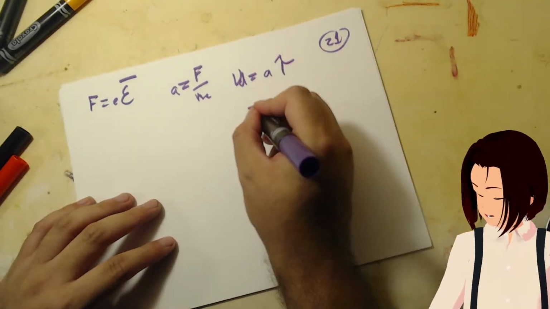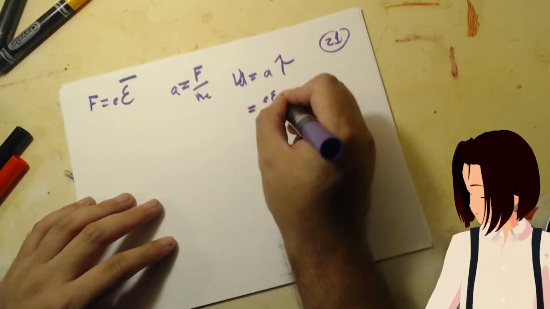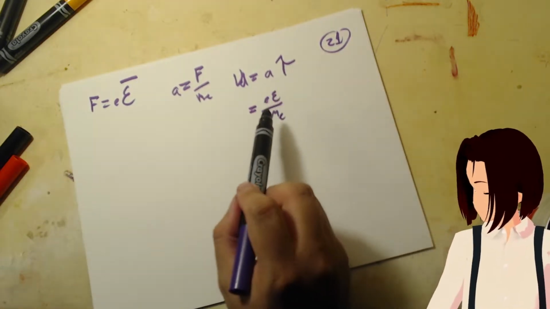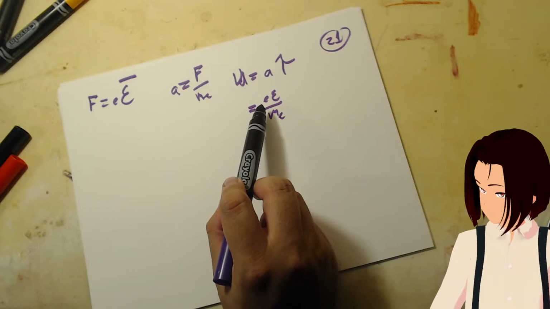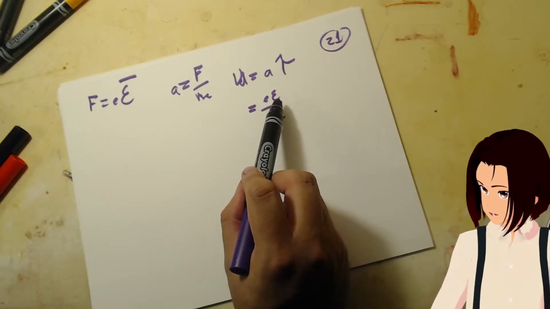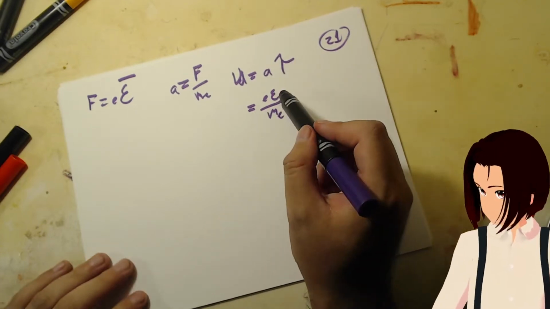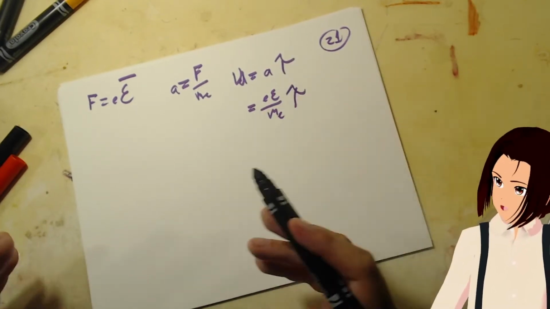Therefore we can also write it as the electron charge multiplied by the electric field, divided by the mass of the electron, times tau.